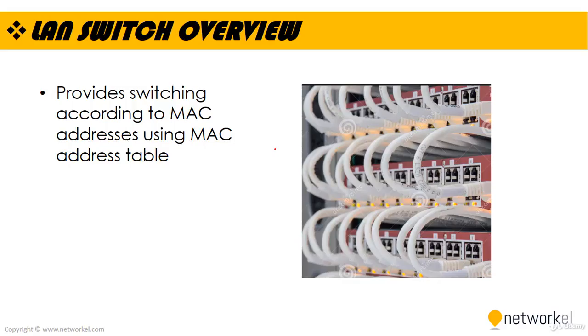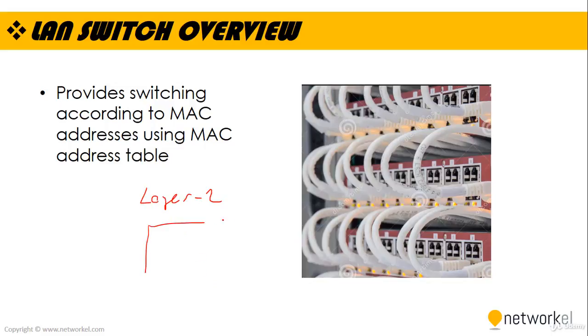Let's go ahead with the LAN switch. A local area network switch is a networking device that connects devices together on a computer network by using packet switching to receive, process, and forward data to the destination device. Switches mostly operate at layer 2 of the OSI model and provide switching according to the MAC address using the MAC address table.